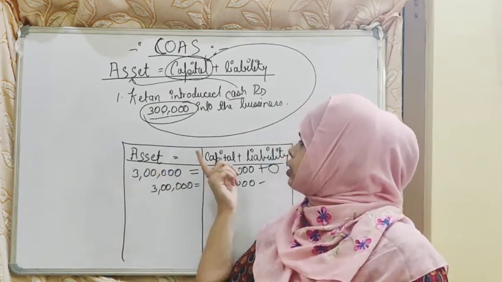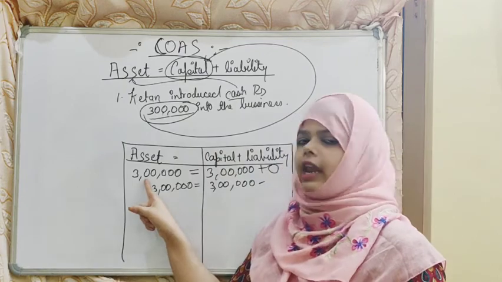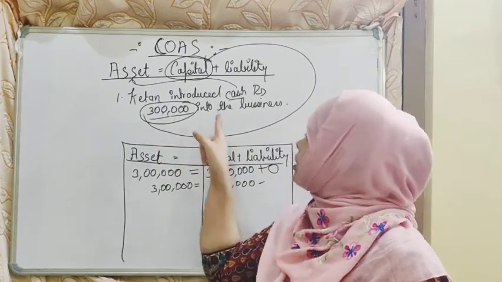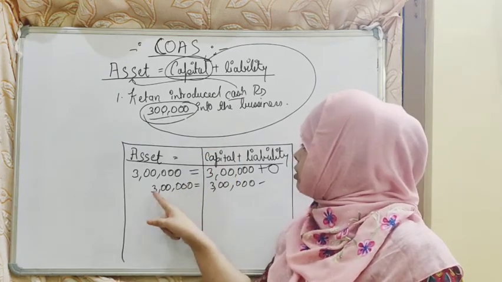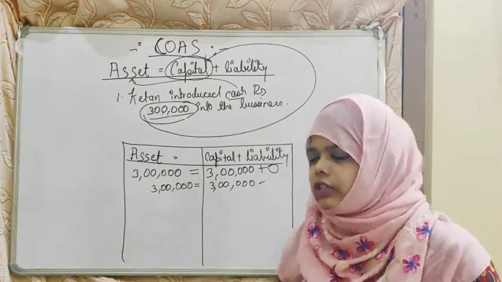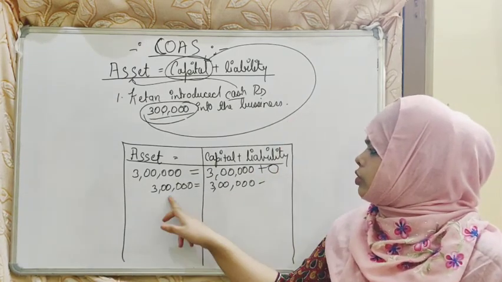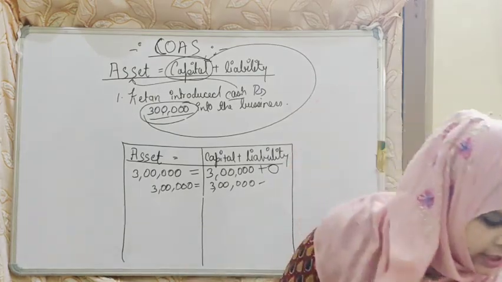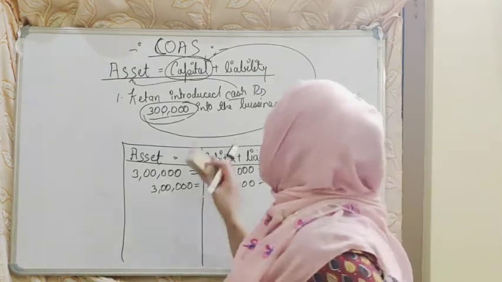So 3 lakhs is equal to 3 lakhs plus 0. We don't have any liability in this transaction. So 3 lakhs is equal to 3 lakhs. Now we will study the second part of the transaction.